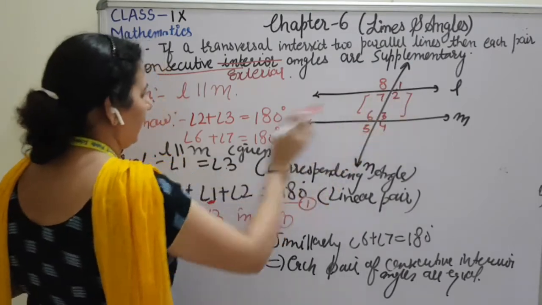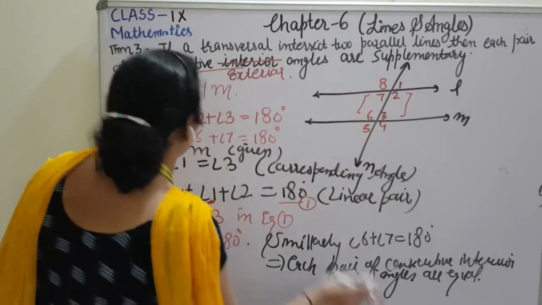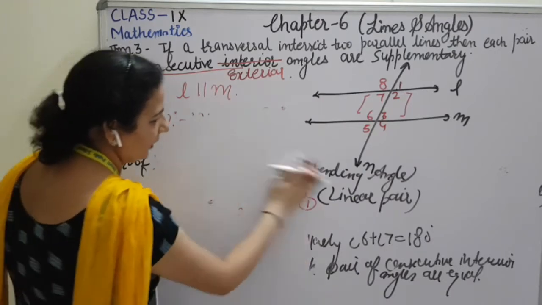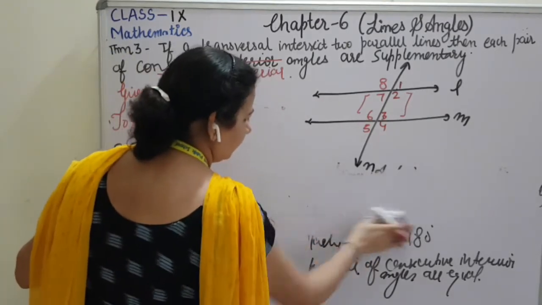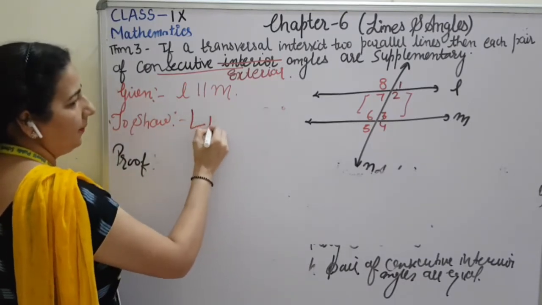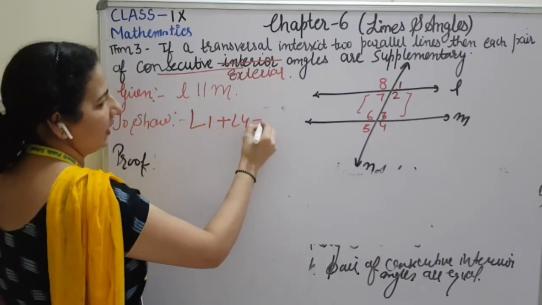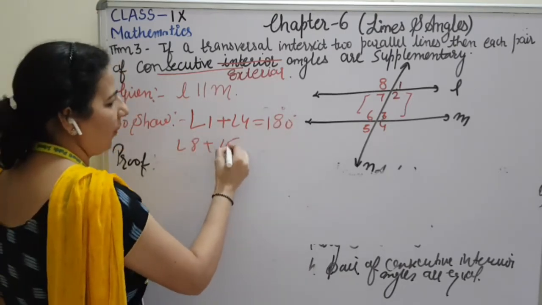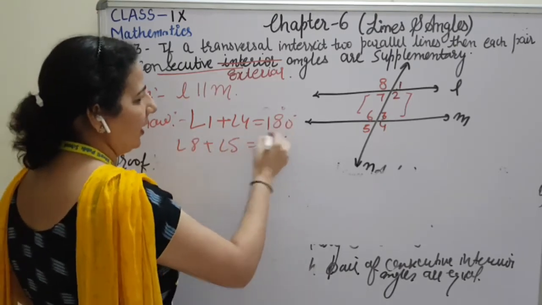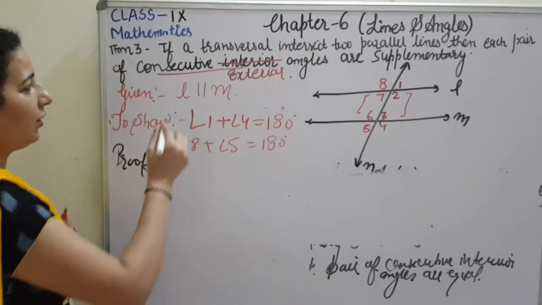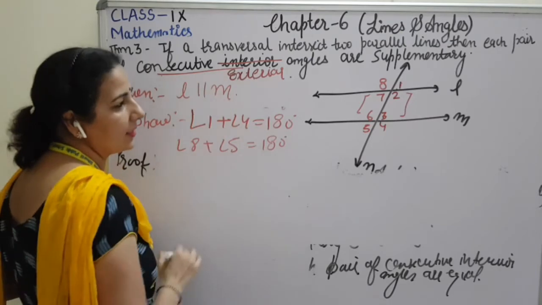Angle 1 and angle 4. So here we will solve the question for angle 1 and angle 4. Angle 1 plus angle 4 is equal to 180 degrees. Angle 8 plus angle 5 is equal to 180 degrees. By using the same method, we can also solve for conjugative exterior angles.